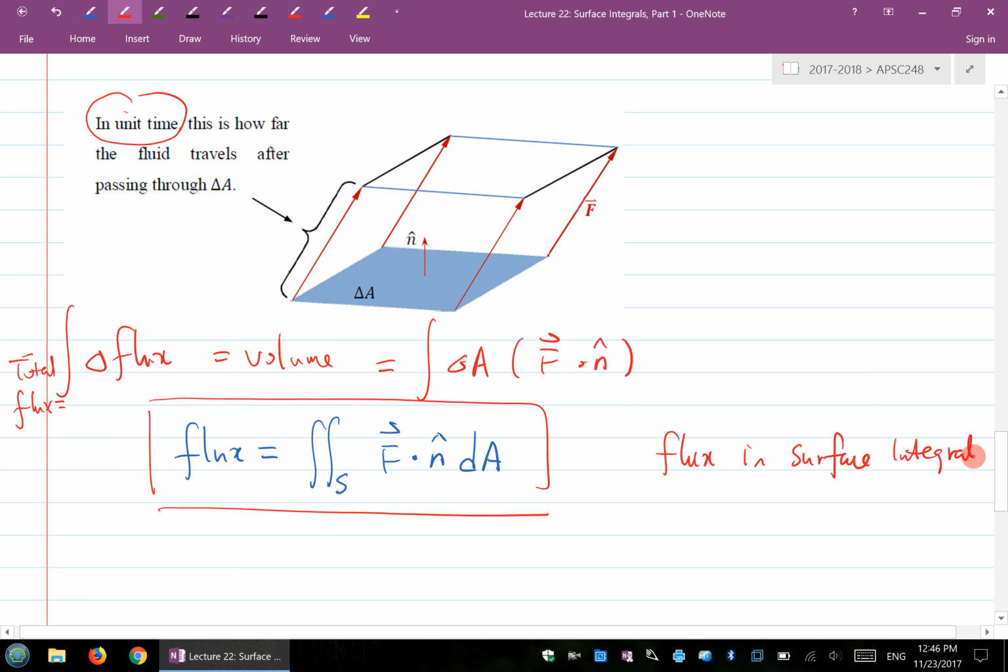I'll show you how to calculate this. As you will see, even though this is a new concept, the computation is no different, because it's going to be a double integral. Now, why is it a double integral? Because we're talking about a surface, so you're integrating over this given surface.